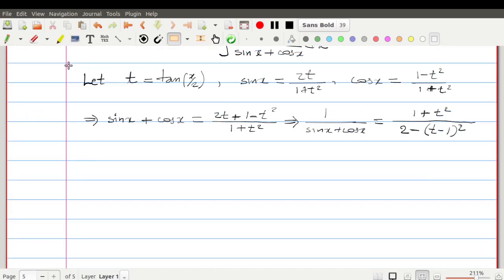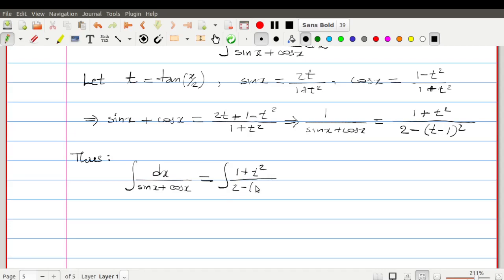Thus, the integral of this expression dx by sine x plus cosine x is equal to the integral of this expression 1 plus t squared by 2 minus t minus 1 squared times dx, which is 2 by 1 plus t squared dt.